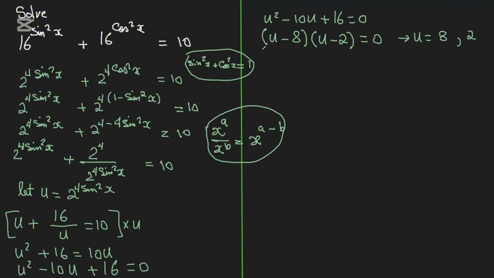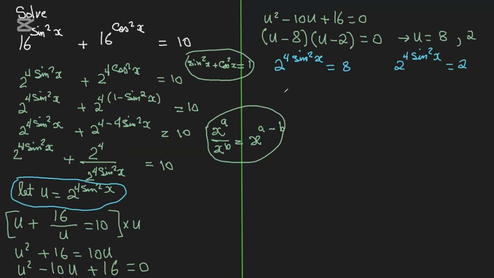At this stage, we will go back to what u equals, which is right here. And instead of u here, we'll go 2 to the power of 4 sine squared x equals 8, and 2 to the power of 4 sine squared x equals 2.